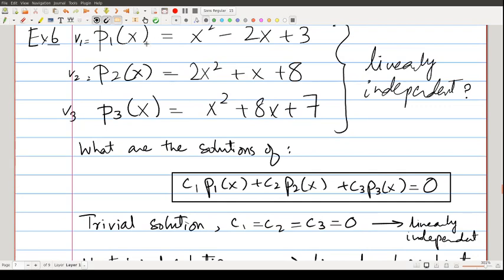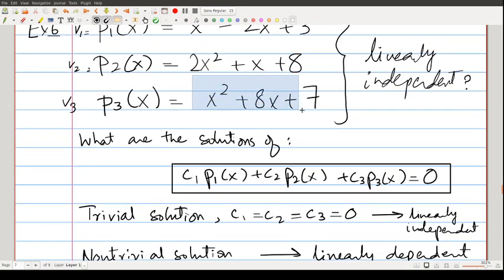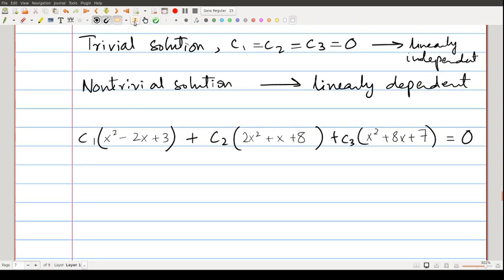And let's just copy these. This is the second one, and this is the third one. Okay, and so we're looking at this system, and we're trying to figure out whether these solutions are trivial or non-trivial. And so how do we solve this equation?